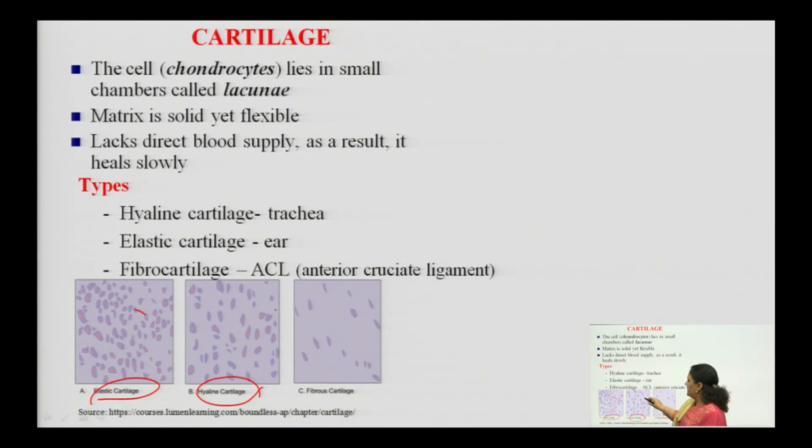Here the number of cells is less, so the elasticity, or we can say the flexibility, is a little bit less as compared to elastic cartilaginous connective tissue. And in the third diagram, this is the structure of fibrous cartilaginous tissue. Here, apart from the cells, there are more collagen fibers, which give support and rigidity along with the elasticity to the fibrous cartilaginous tissue.